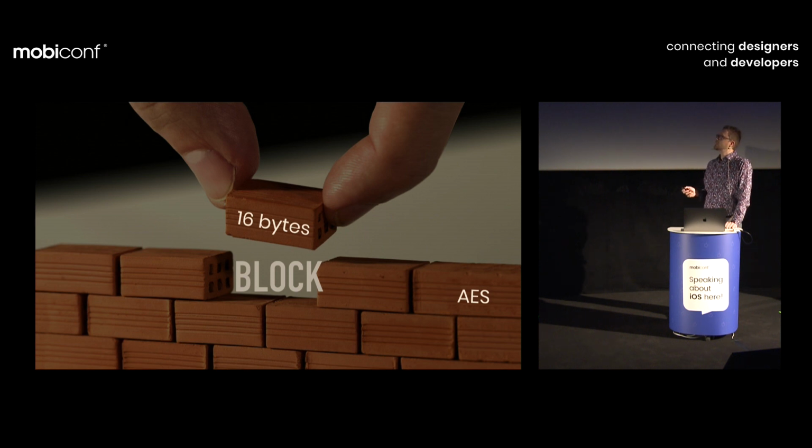How does it work? The block cipher always encrypts 1 block at a time, right? In the case of AES, the block is set to 16 bytes, so you have to give the AES 16 bytes to get the 16 bytes on the output. But what if you have 4 bytes to encrypt? What do you do, right?